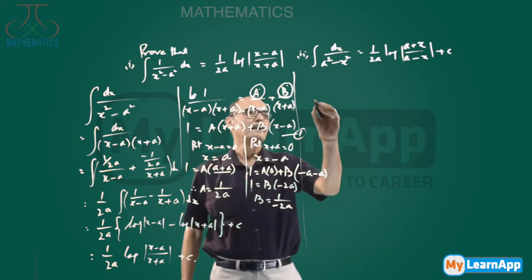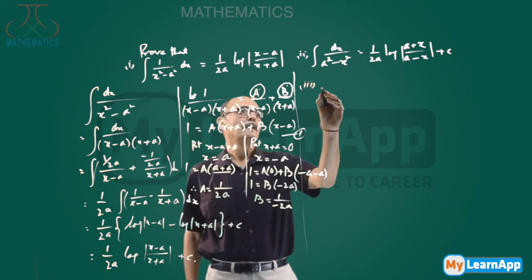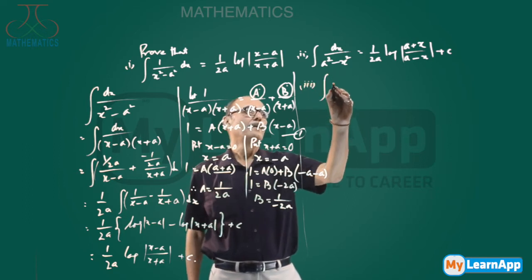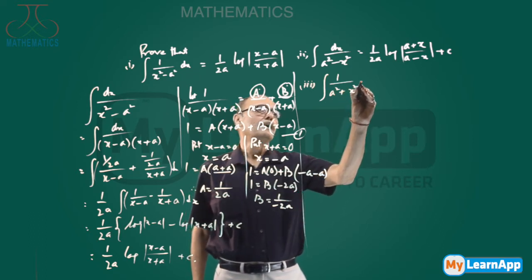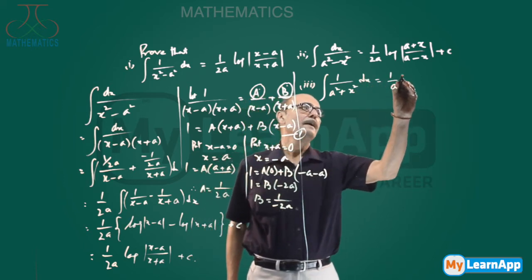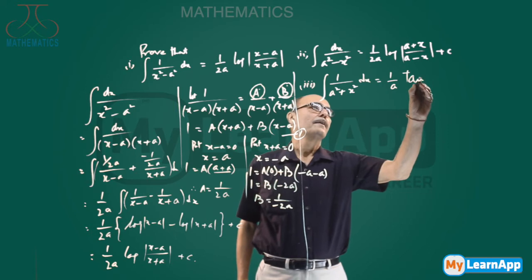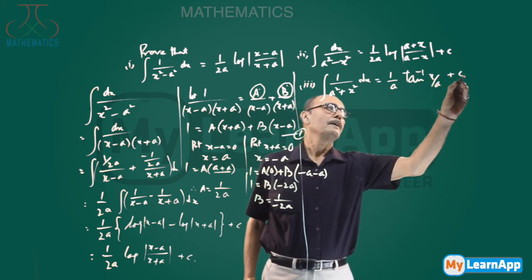The third formula is: the integral of 1 by a square plus x square d of x is 1 by a tan inverse x upon a plus c.